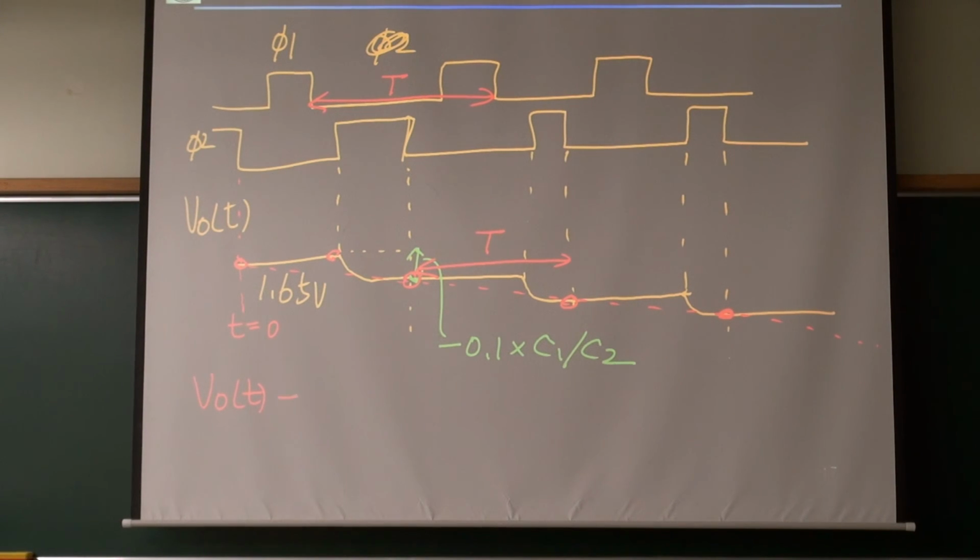Then VOT is just 0.1 C1 over C2 times t over T. So this one is actually my VIN. Actually VIN(t) is VIN minus 1.65. So as t increases, it's just integration of VIN(t).